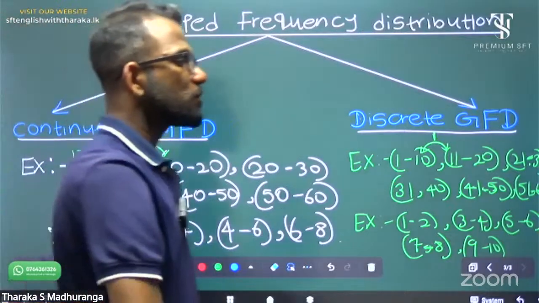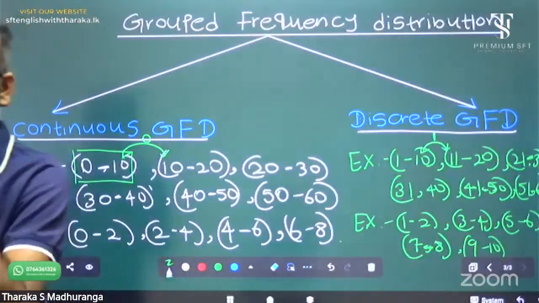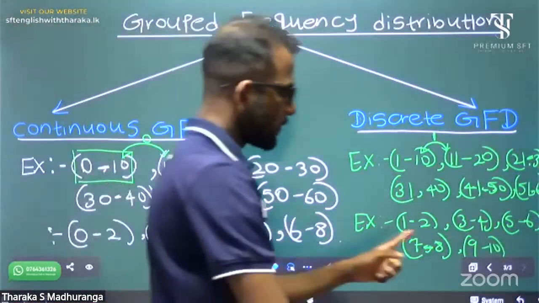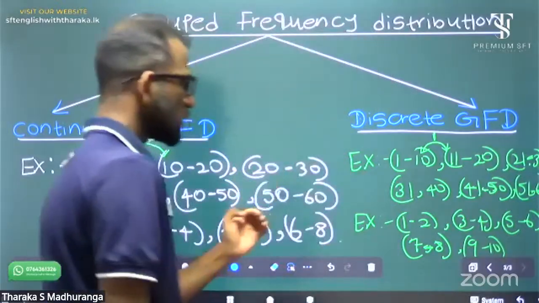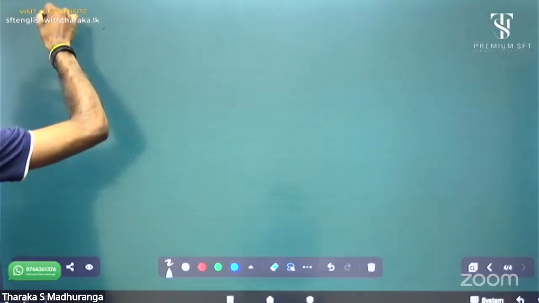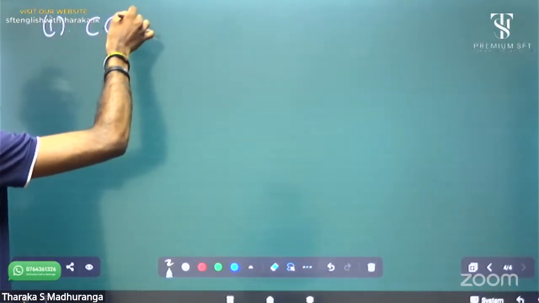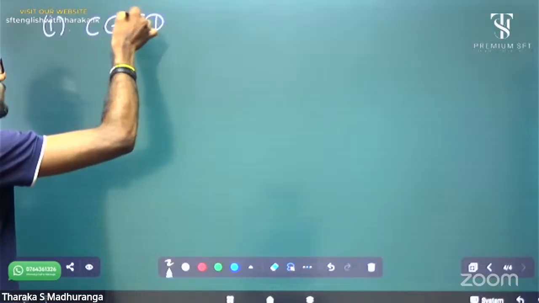Okay, write down the first topic, continuous group frequency distribution. Below this chart, write down the first subtopic, continuous group frequency distribution.